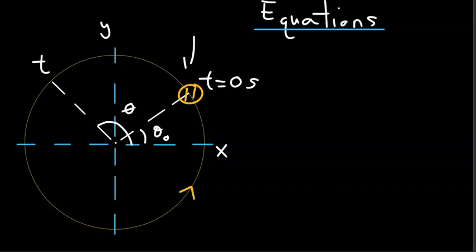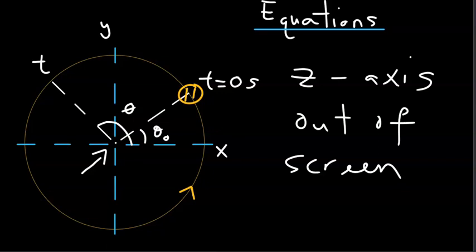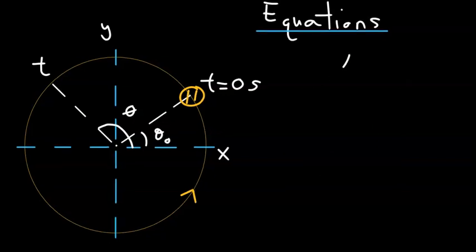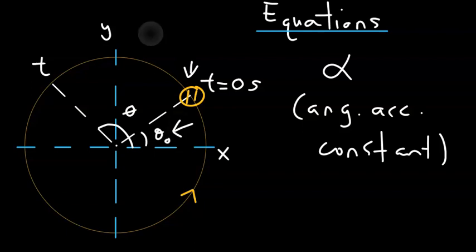So let's assume you have an object shown here that is rotating counterclockwise about the z-axis. In this case, the z-axis is an axis that's coming out of the plane of the screen, and it's rotating with constant angular acceleration. Also, at t equals 0 seconds, its angular position is theta naught, and then it starts to move counterclockwise as shown.